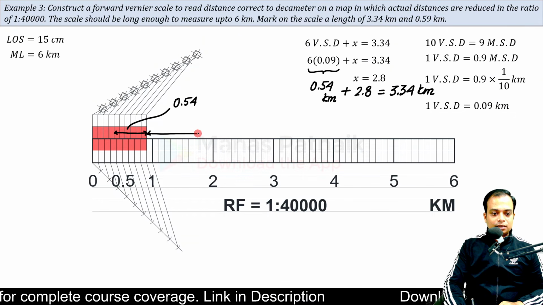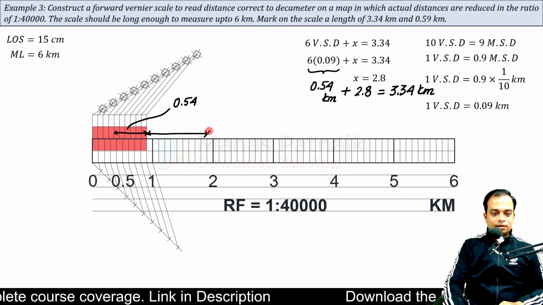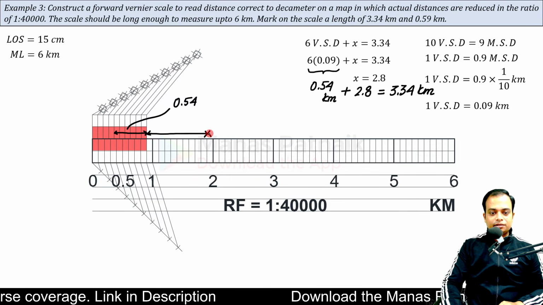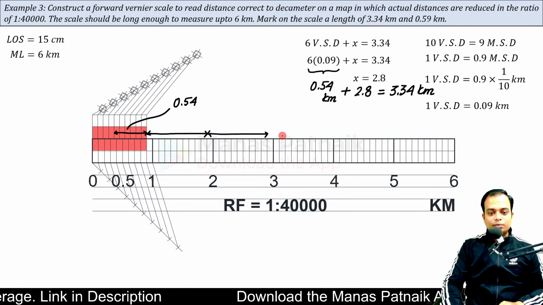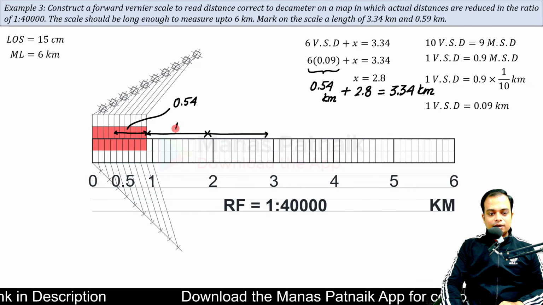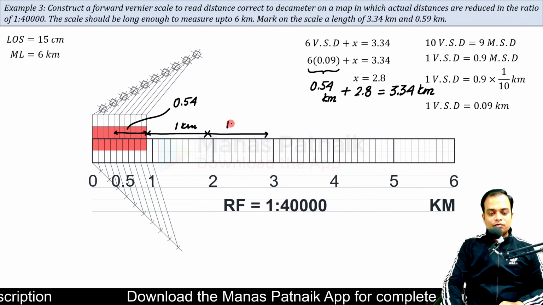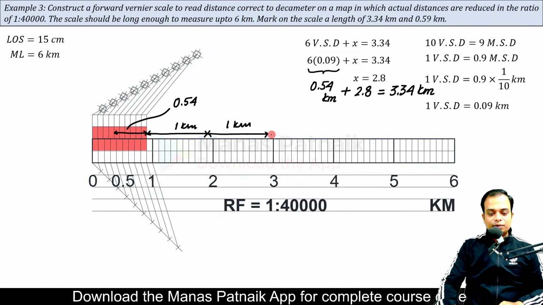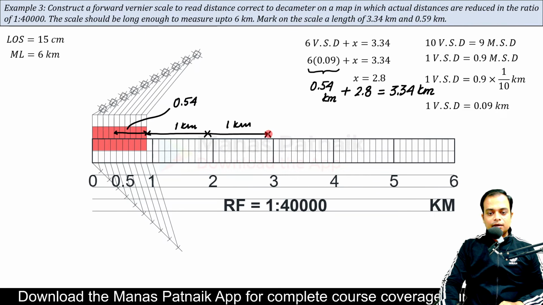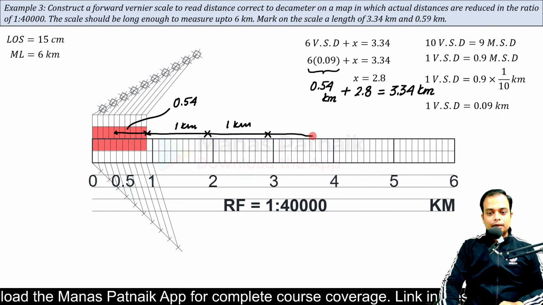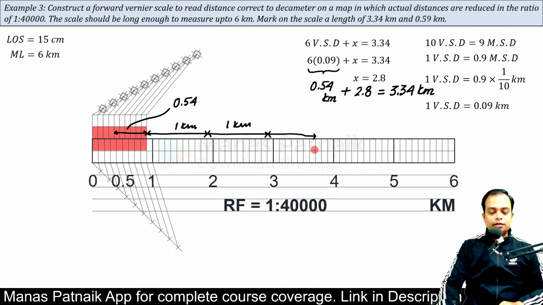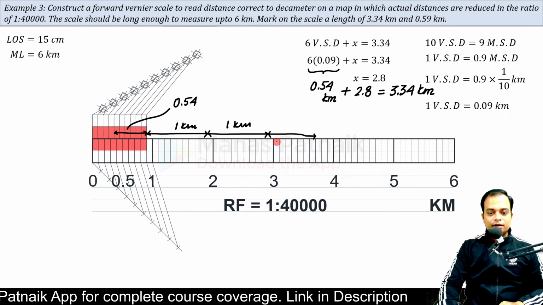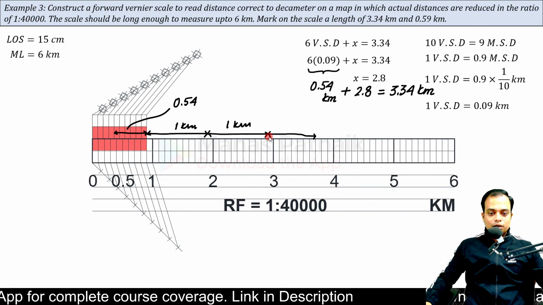This is 1 kilometer. How much do we need? 2.8. This again is 1 kilometer, that is 2 kilometers. And this is where we need to stop, 2.8. So let me zoom in.